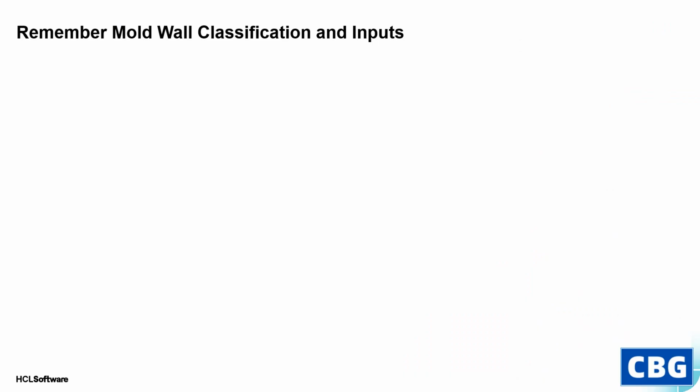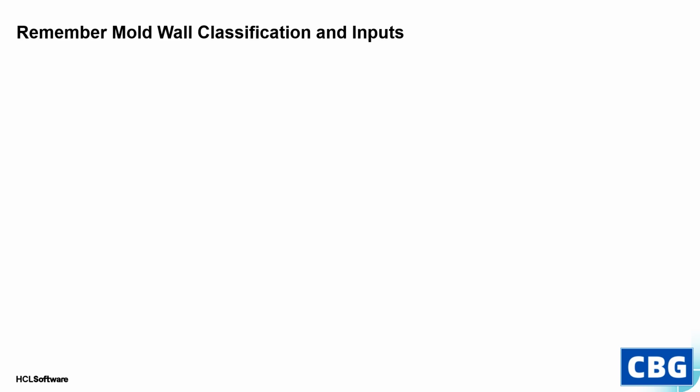As we already know, processes such as injection molding, casting, and die casting require a pulling direction as well as mold wall classification as inputs. DFMPro does provide these default pulling direction as well as mold classification options.